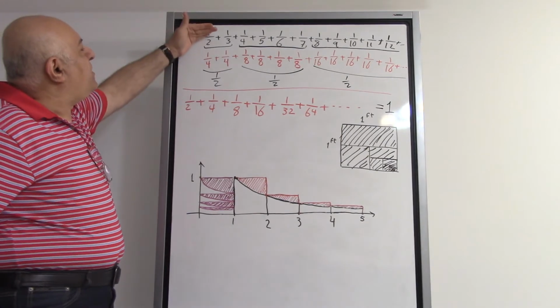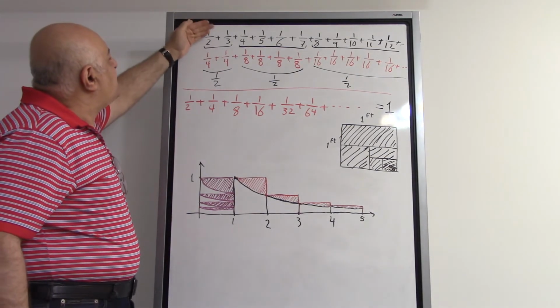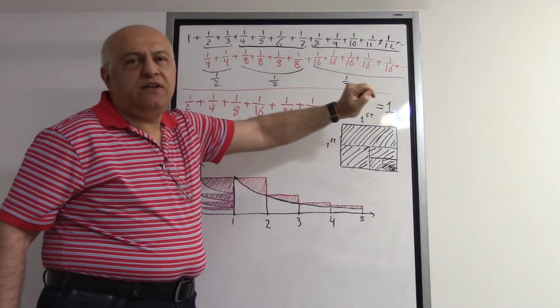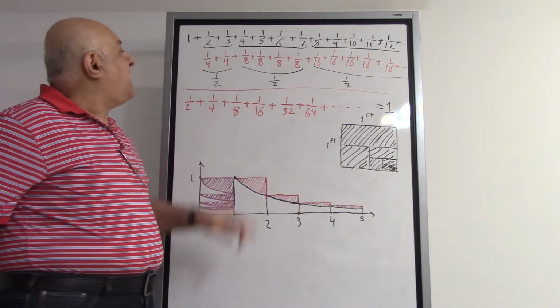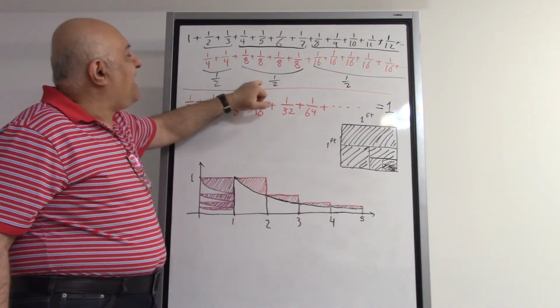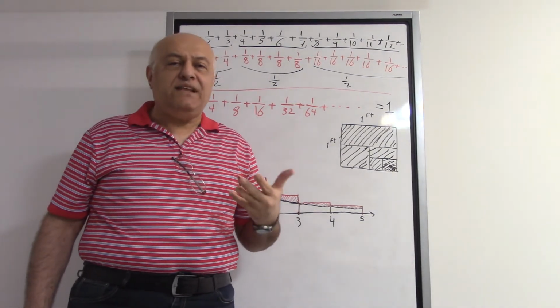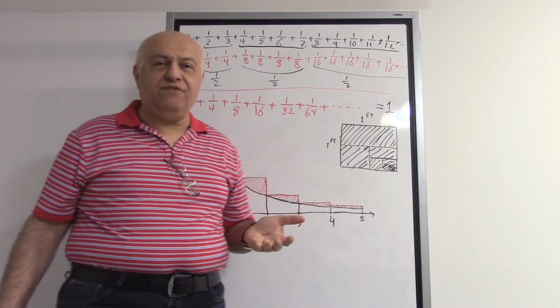So compare this with this. Obviously, every term of the harmonic series from 1/2 on is bigger than the corresponding term here. But what is the sum of the red series? As I said, this is 1/2, this is 1/2, this is 1/2. So basically, you are adding infinitely many 1/2s, which is of course not finite. It is an infinite number.